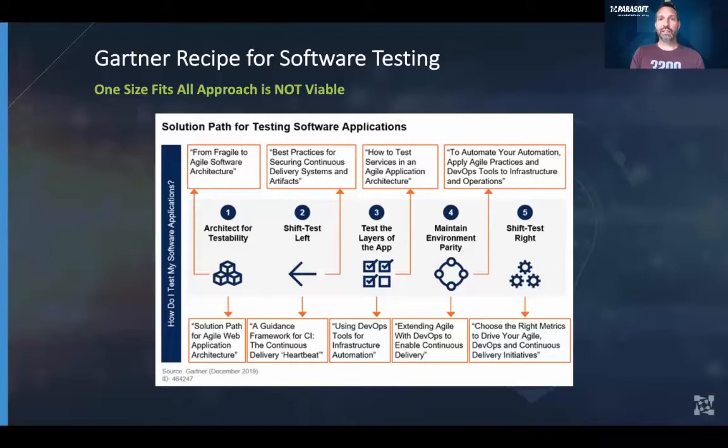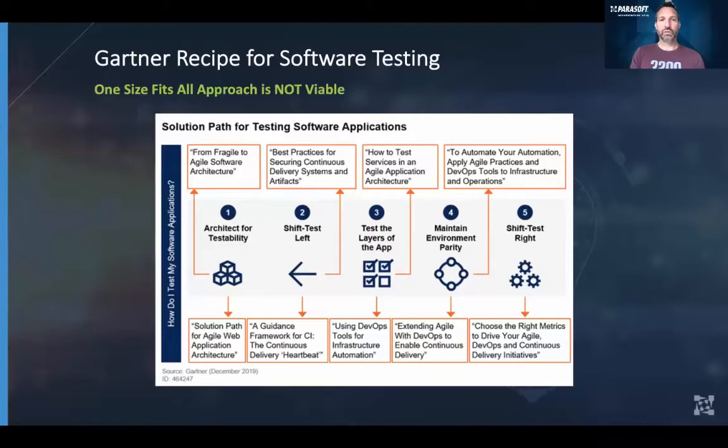Number 3, we can't think of testing as a very simplistic, monolithic thing. We need to test all of the layers of the application. I'll talk a little bit more about that in detail in a minute, right? Maintain environment parity, and then shift test right as well. So we want to shift left, shift right, but don't forget about the middle, so to speak.